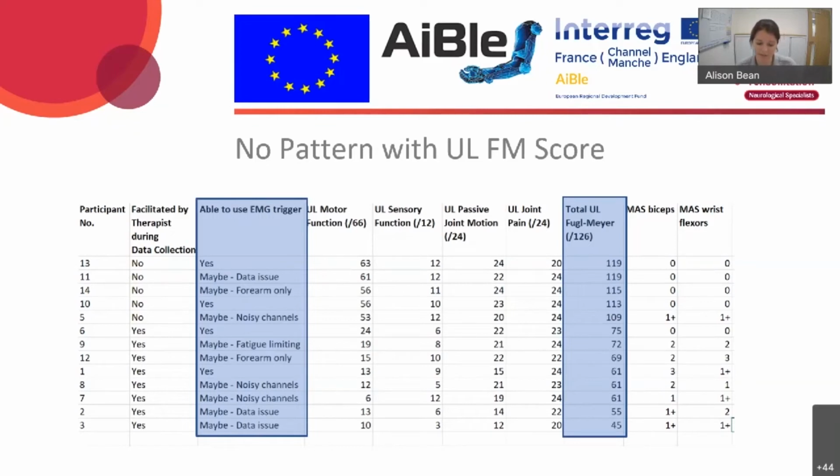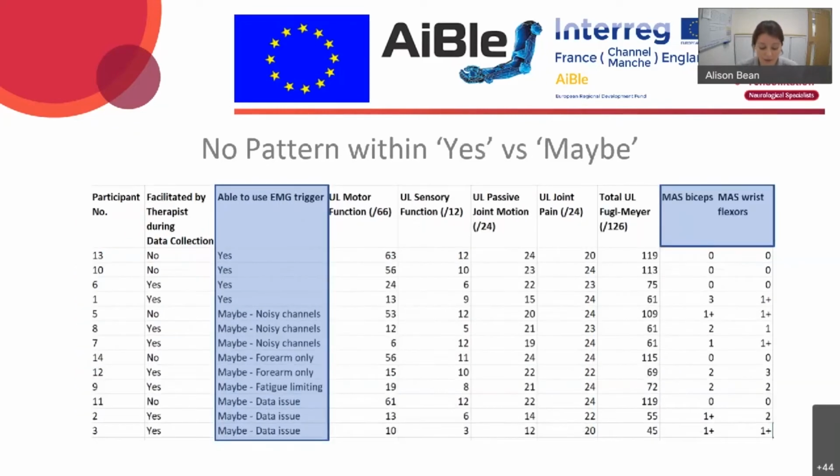Next slide, please. And then the final analysis that we did, we ordered the data sets via either their yes or maybe ability to use the trigger. And when we did this, we were also then able to look at their MAS of their biceps and wrist flexors to see if there was any pattern around that. But still, we were finding no pattern within these data sets. Next slide, please.